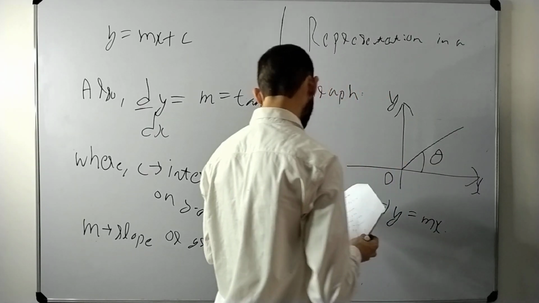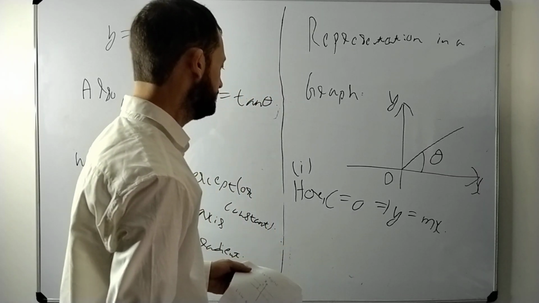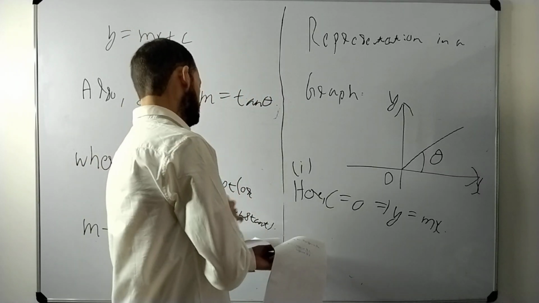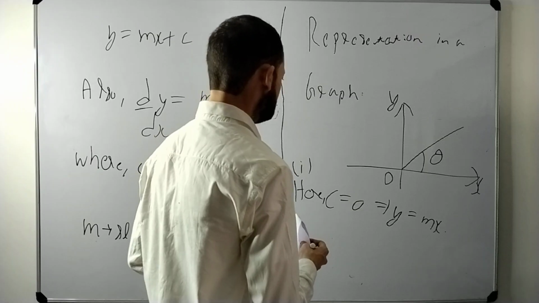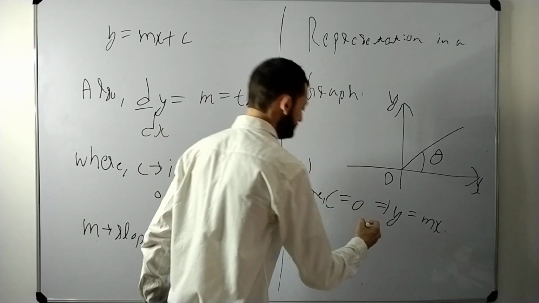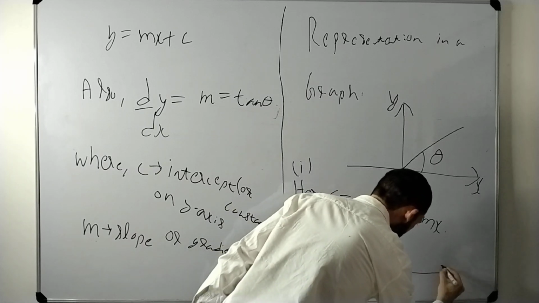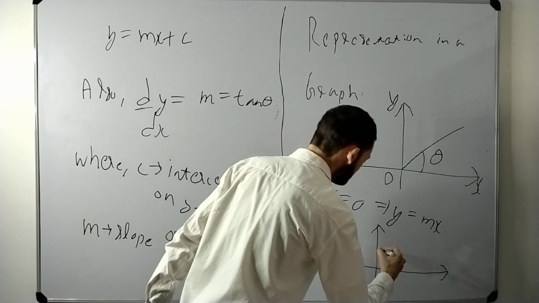Okay, now the next part. What is the next part, sir? The next part actually says that c is some value. So you can take any value, positive or negative, your wish. I am taking positive for now.